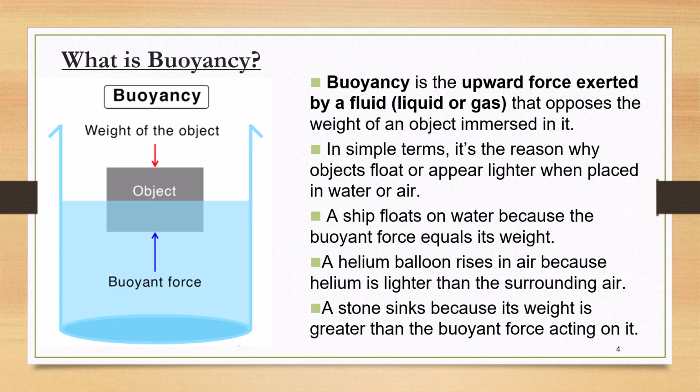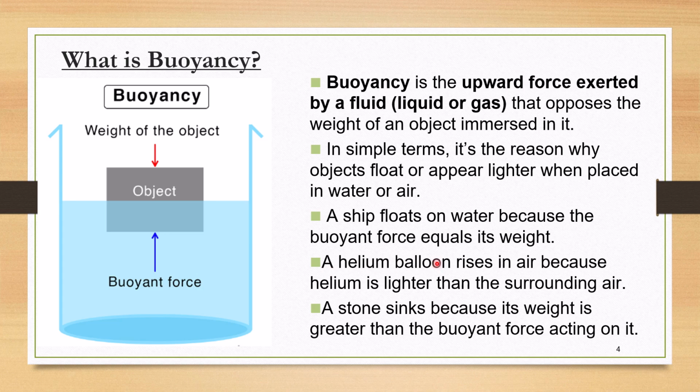Some typical examples you might have already seen: a ship floats on water because the buoyant force equals its weight. Whenever the buoyant force is equal to or more than the weight of the object, then automatically the object will float.